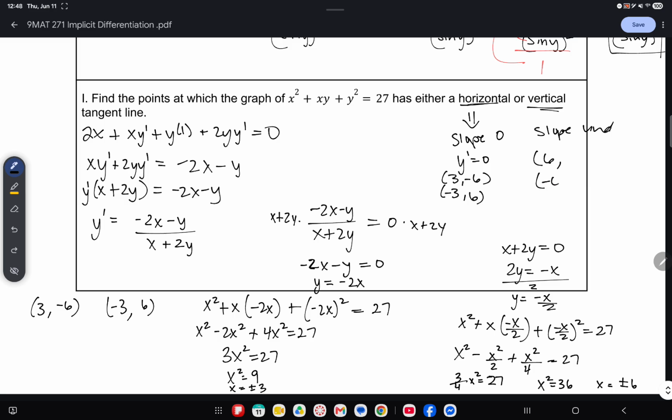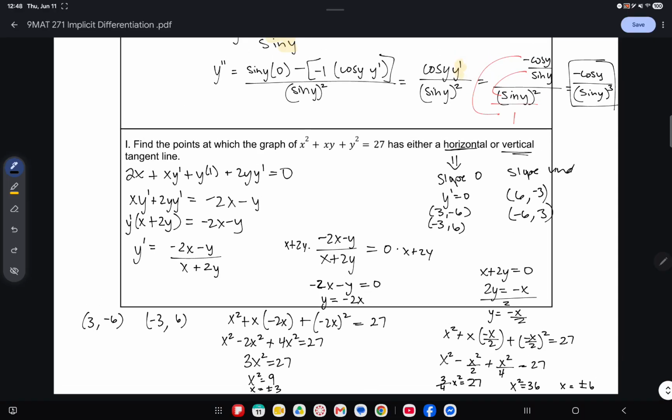So 6 and negative 6. And I can plug that back in to my y equals here. So 6, half of that would be negative 3. If I plug in negative 6, half of that is positive 3. And there are the points that give horizontal and vertical tangent lines.